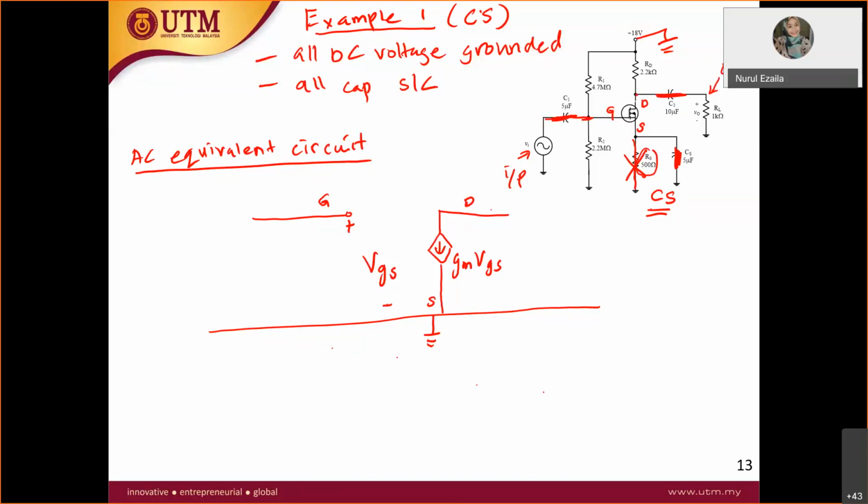So let's look at the gate. At the gate over here, you have R1 and you have R2. R1 to the ground, R2 also to the ground. Therefore, you have R1 parallel with R2. And what else? You have capacitor C1, which is short circuit, and then you have V in over there.